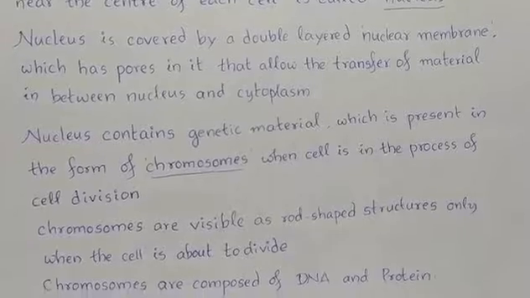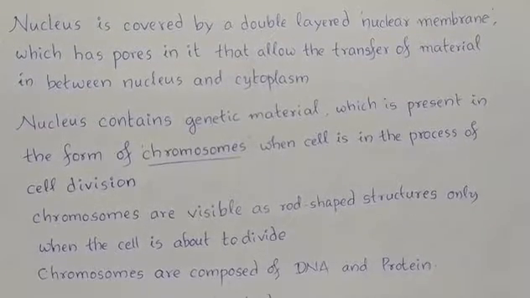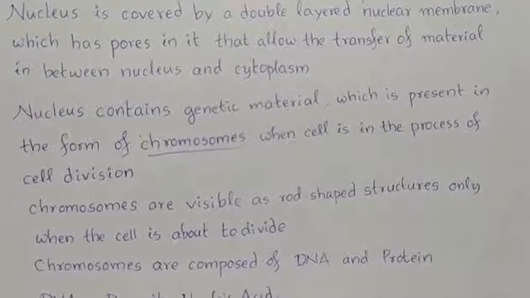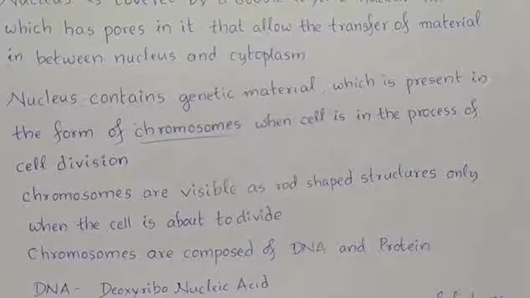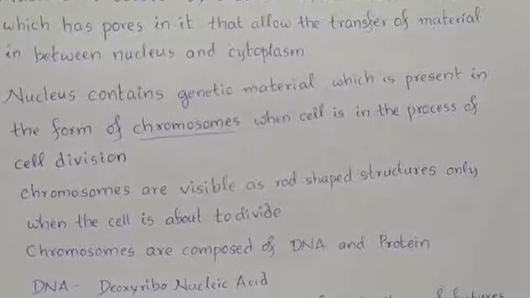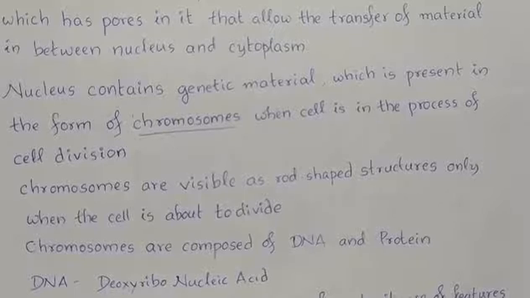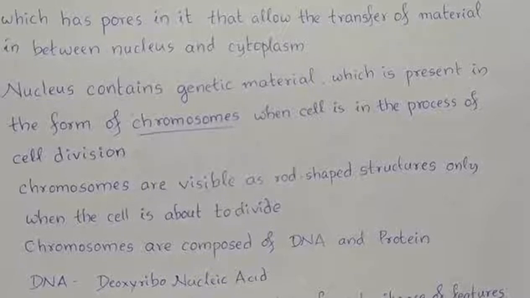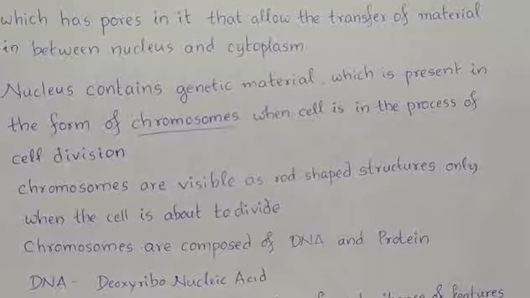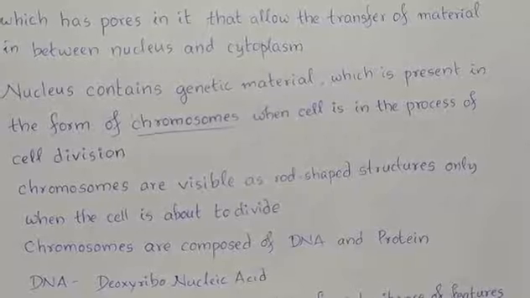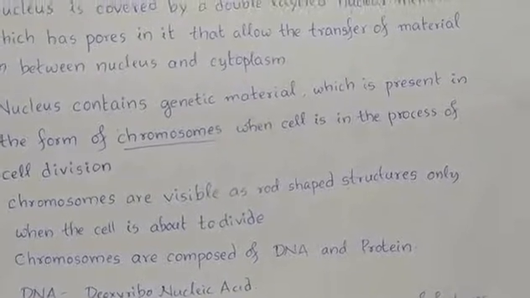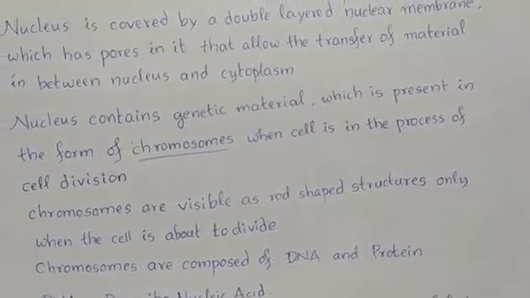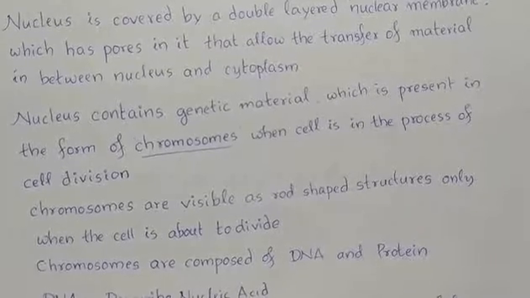Nucleus contains genetic material. This genetic material is present in the form of chromosomes when the cell is in the process of cell division. These chromosomes are visible as rod-shaped structures only when the cell is about to divide.